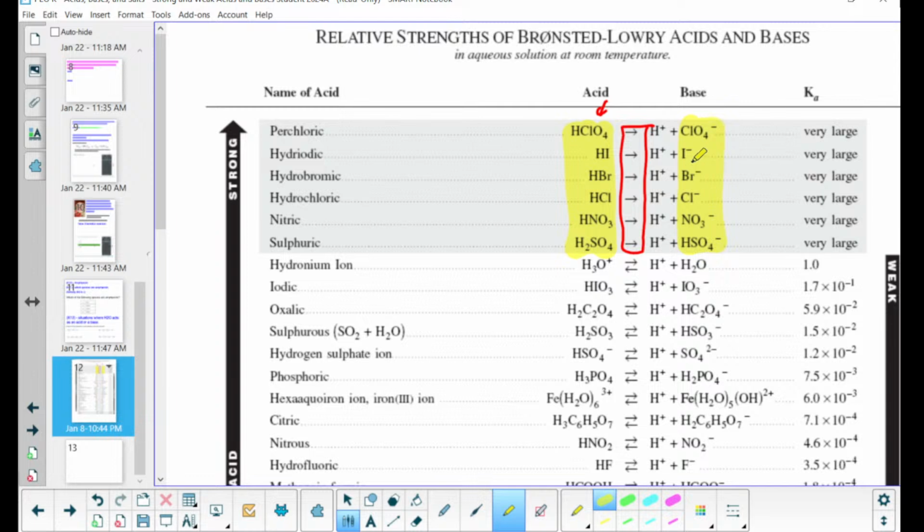They are the conjugate bases to a strong acid. Can they ever accept that proton? No. So these are the weakest of all bases, in that they don't react at all. So those are our strong acids. And then, since I highlighted this twice, where are our strong bases?